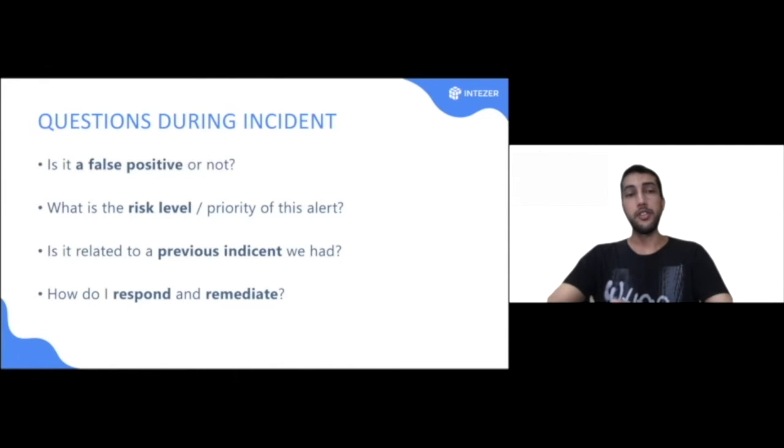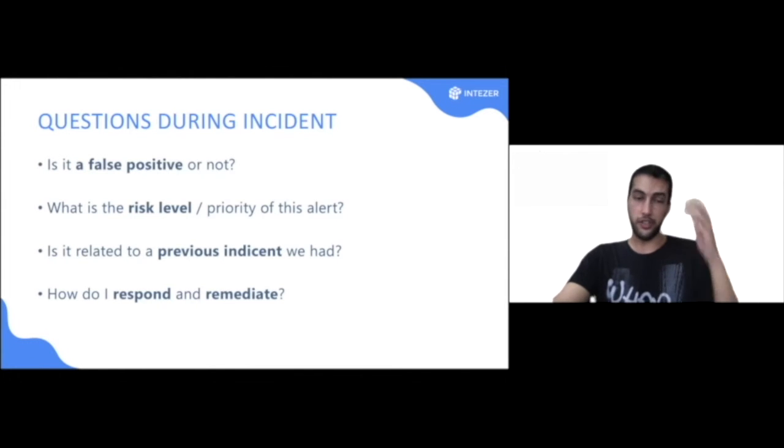So from my experience, you have a few questions you'd like to answer while handling an incident. First of all, as I said, whether this alert is a false positive or true positive. But even if it's a true positive, you want to understand the risk level of this alert in order to prioritize it accordingly.